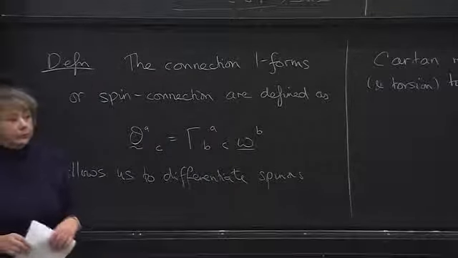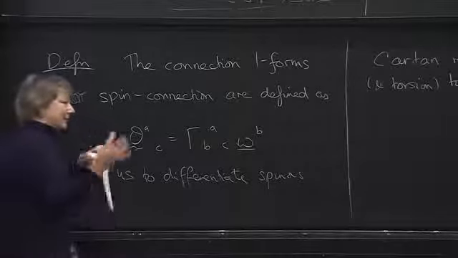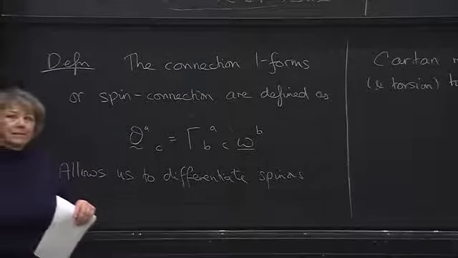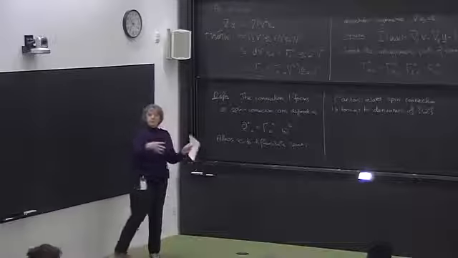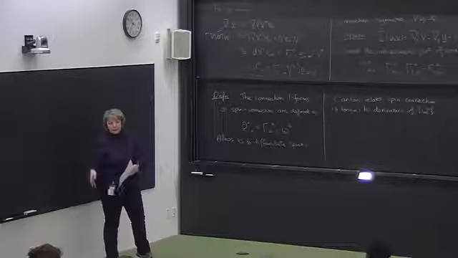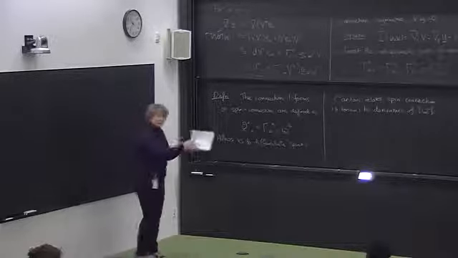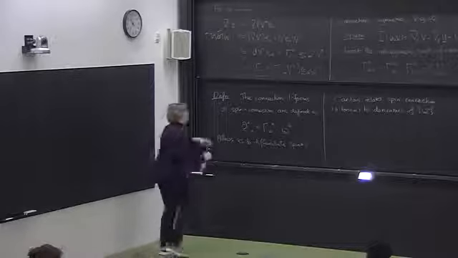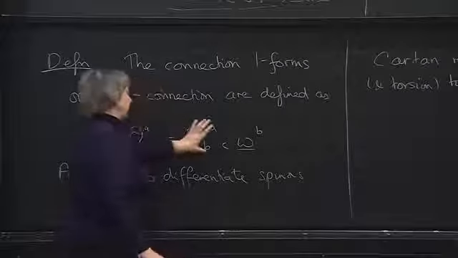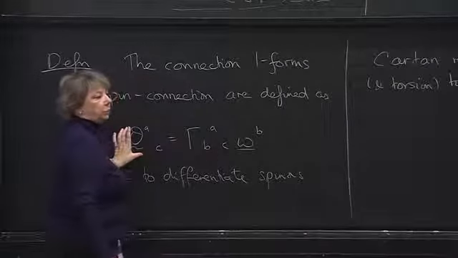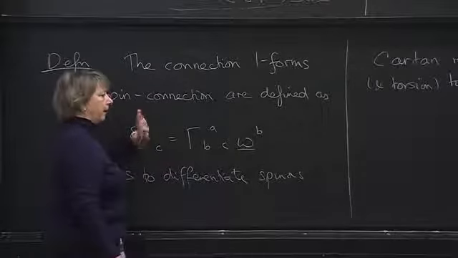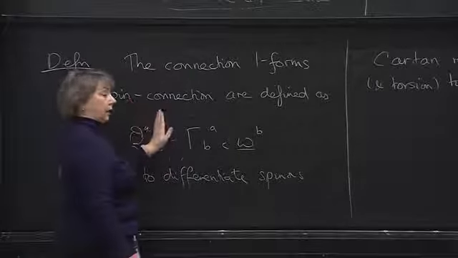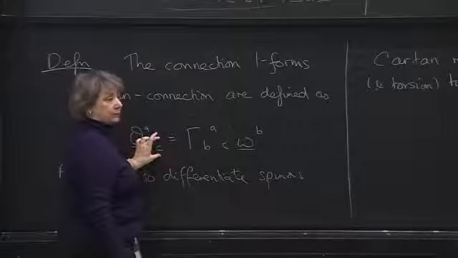So this is the difference of perspective between abstract index notation and this geometric notation. Here, I am simply taking a matrix of one forms. I'm making no statement about these indices.